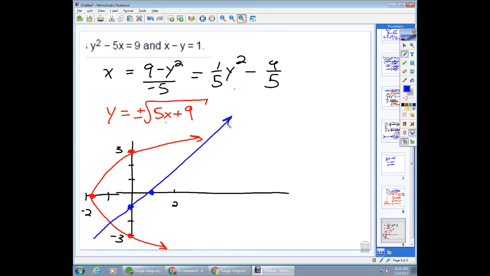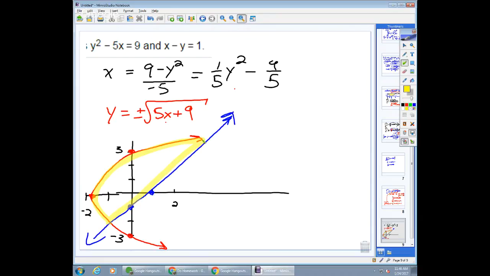Does that look right? Yeah. Oh, yeah, y equals x minus 1. Looks right to me. No? So we want the area of that region right there.